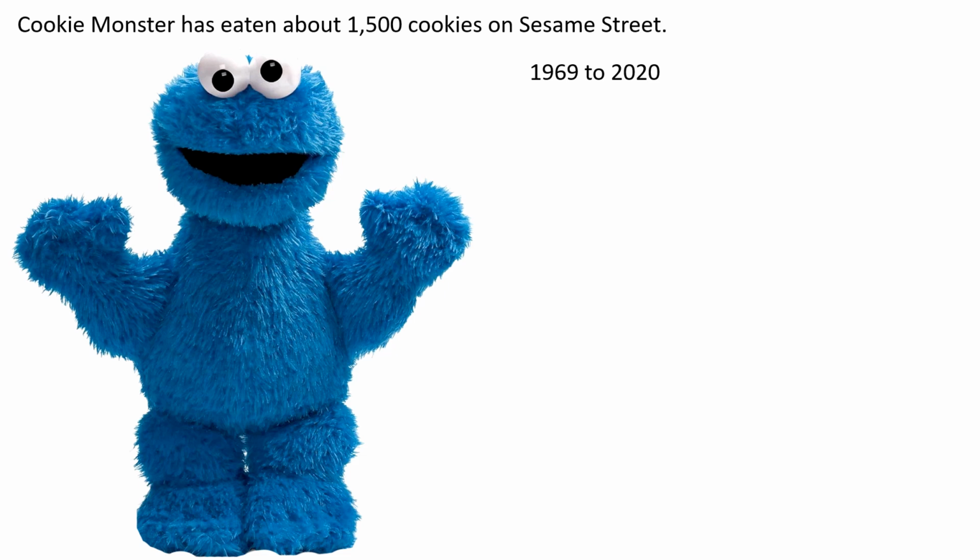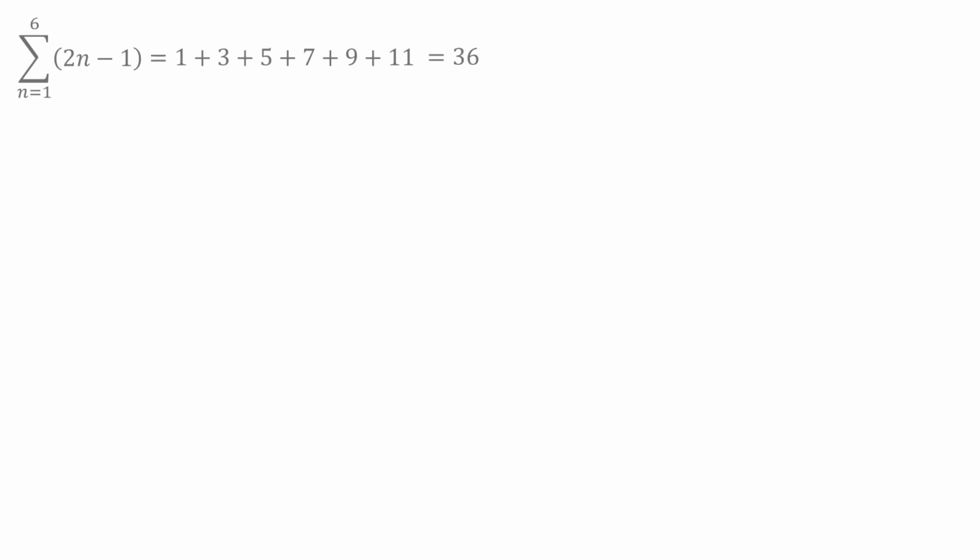You're looking at a 51-year career at this point. 51 years of eating cookies on Sesame Street, he's only up to 1,500. 40,000 is a gigantic number. So I'm like, okay, we've got to find a different method.